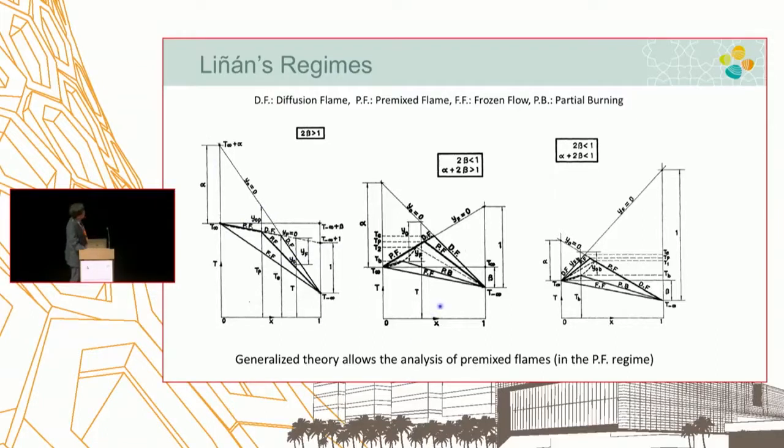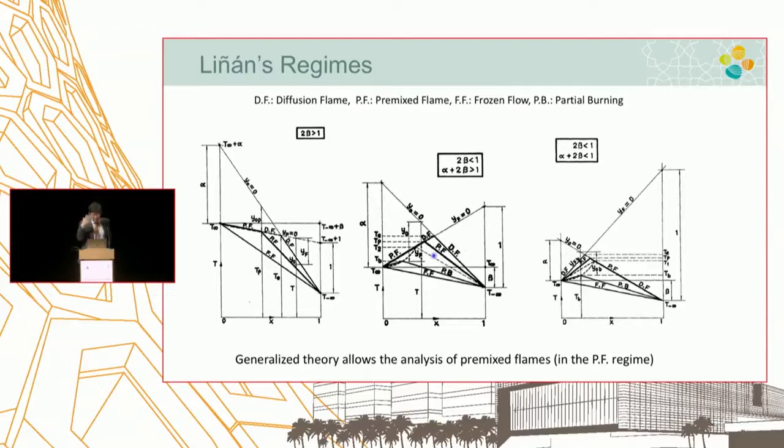And one of the interesting aspects that this paper revealed was that even if you have a perfectly non-premixed system between fuel and oxidizer stream, counterflow, depending on the boundary condition, if one side is much hotter, for example, then you can have enough leakage of one reactant to the other side that it looks like a premixed flame structure. So this is commonly called the premixed flame regime of Liñán's analysis, and people had many follow-up studies.